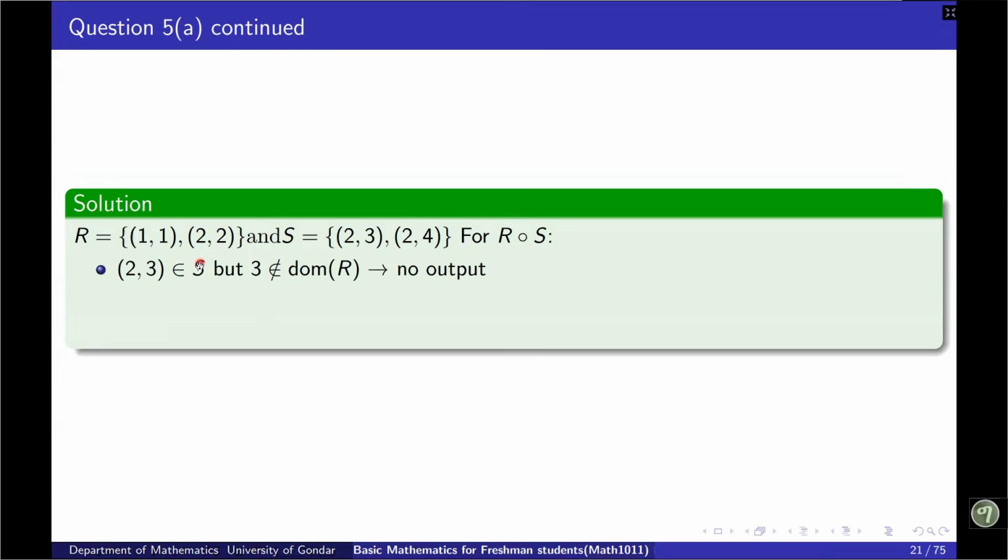We have (2, 3) as an element of S, but 3 is not within the domain of R here, so 2 cannot have an image under R composite of S. Similarly, (2, 4) is an element of S here, and 4 is not an element of the domain of R, so 2 cannot have any image under R composite of S. Therefore, R composite of S is the empty set.